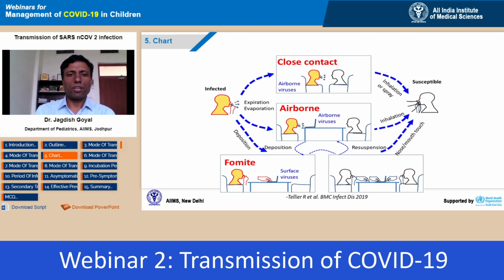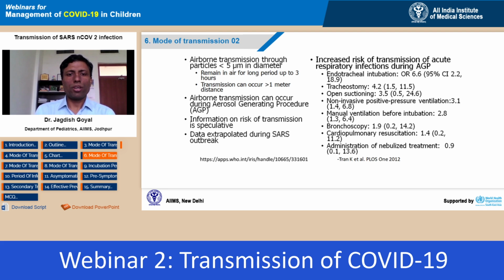In this picture, you can see how the virus spreads through close contact, airborne transmission, and fomites. Airborne transmission may occur with particle size less than 5 micrometer, as they remain in the air for a long period, up to 3 hours. Transmission can occur at more than 1 meter distance.